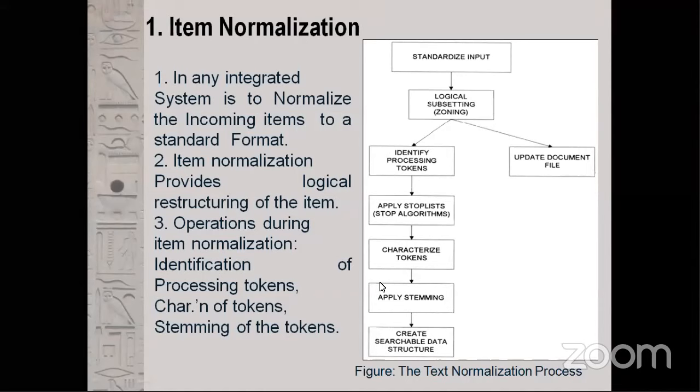Usually, what are the different types of tokens or words you may have? There are three types of words you may identify or divide from a given document. Some may be valid word symbols, meaning your normal words.